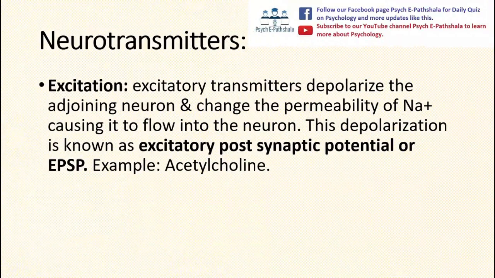Excitation occurs when excitatory transmitters depolarize the adjoining neuron and change the permeability of sodium ions, causing them to flow into the neuron. This depolarization is known as the excitatory postsynaptic potential or EPSP. Acetylcholine is a type of neurotransmitter that causes excitation on the postsynaptic neuron.